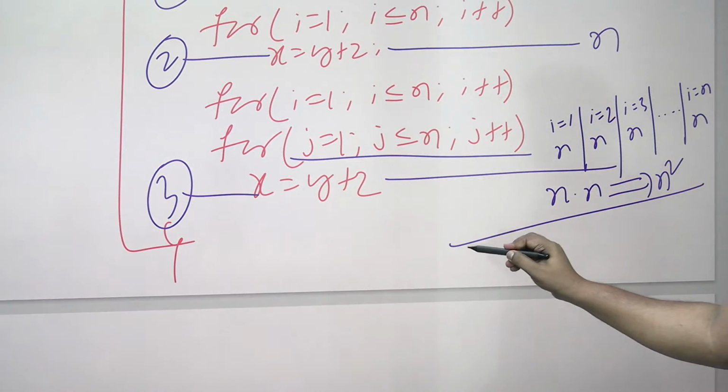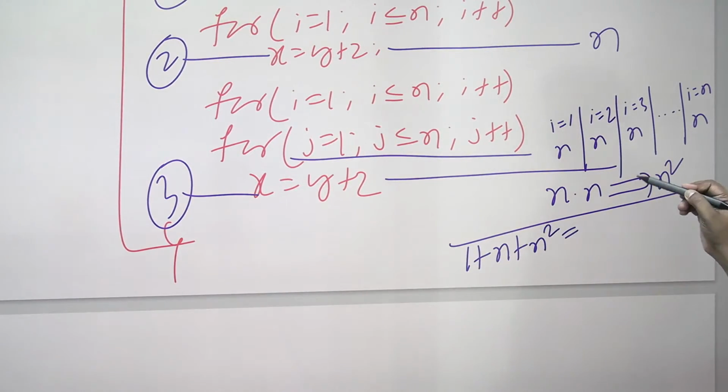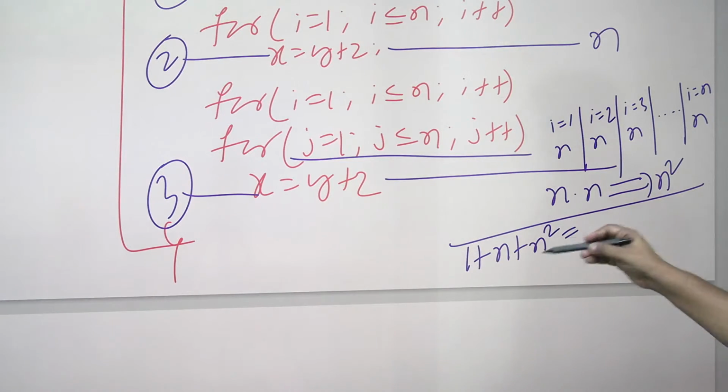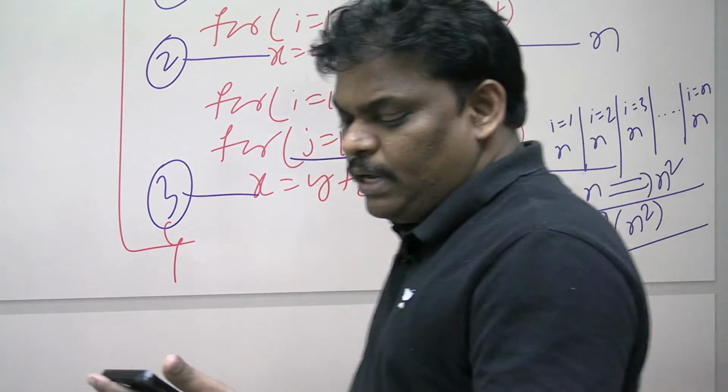So if you see the total, statement 1 will execute 1 time, statement 2 will execute N times, statement 3 will execute N square times. Out of all of them, the bigger is N square. Just write theta of bigger.